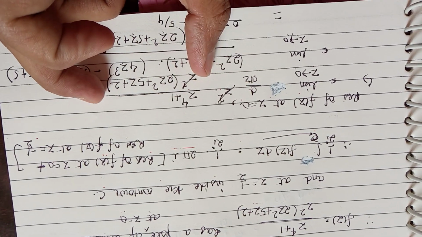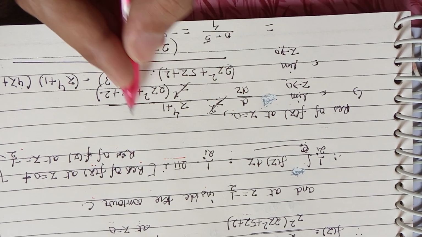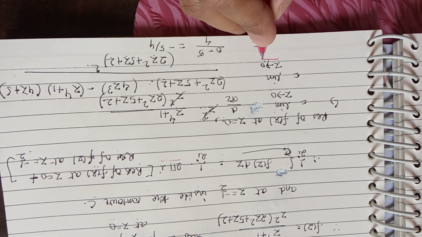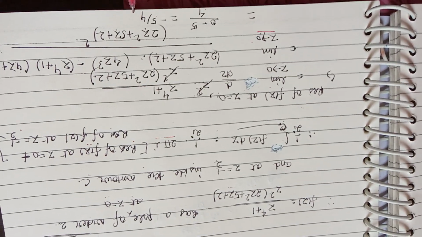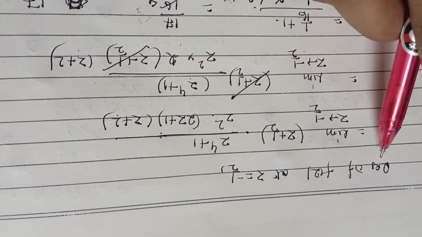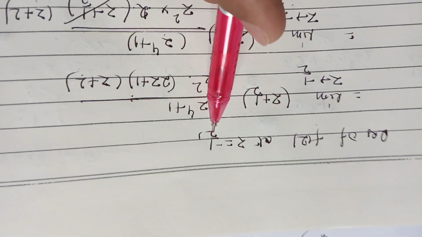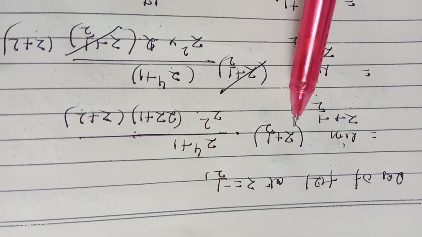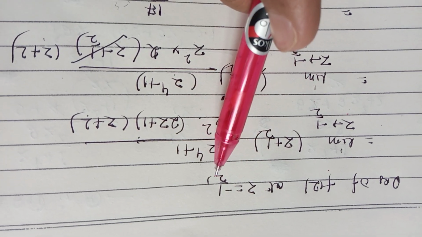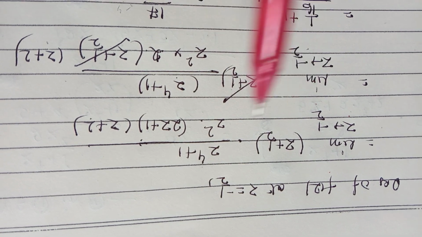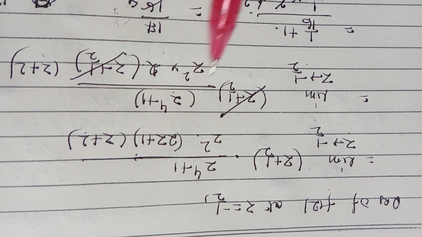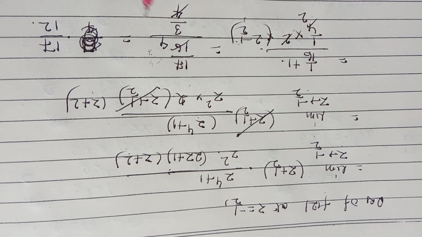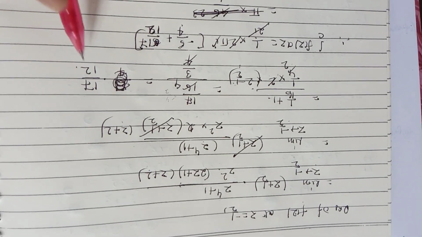Cancelling these and differentiating this function, we get this one, and putting z approaches 0, this becomes minus 5 by 4. Now we find the residue of the function at z is equal to minus 1 by 2. This becomes the limit z approaches minus 1 by 2 of (z minus z naught), that is (z plus 1 by 2) into f(z). Cancelling out and putting these values, we find 17 by 12.